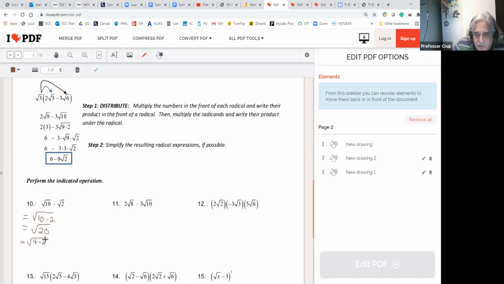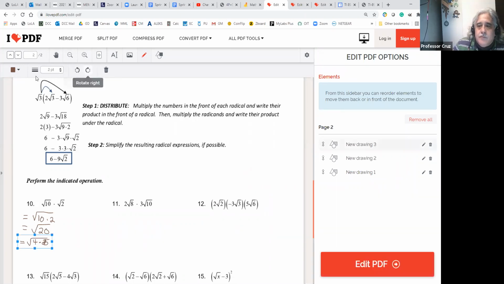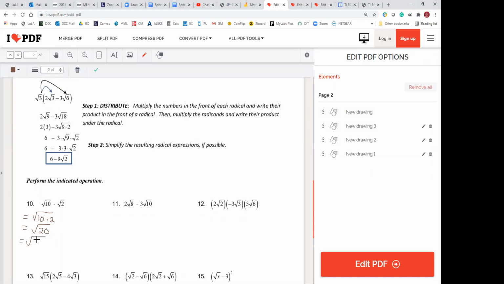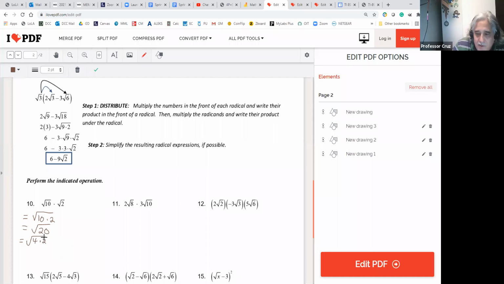So that's 4 times 5, and then the square root of 4 is 2, and the square root of 5 stays inside. Looks good?